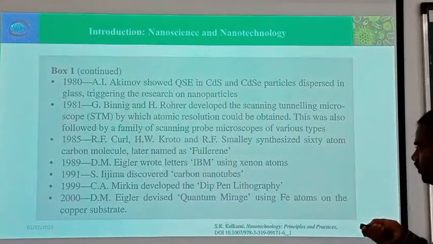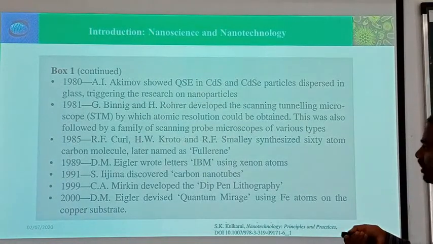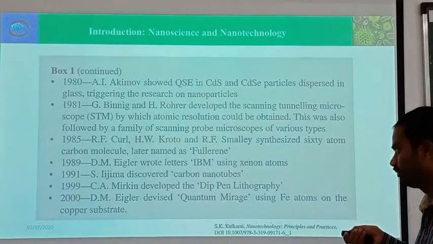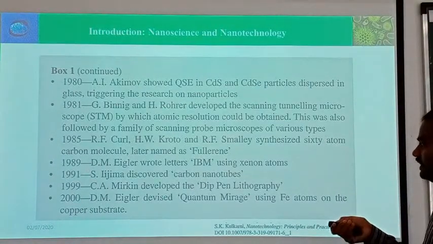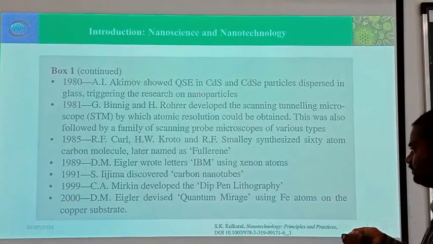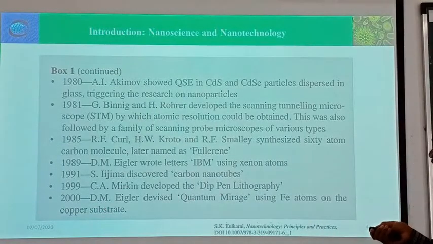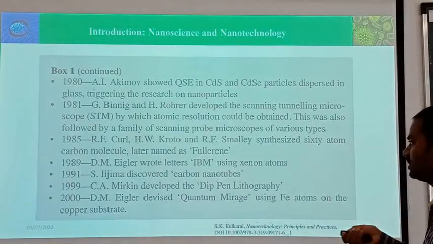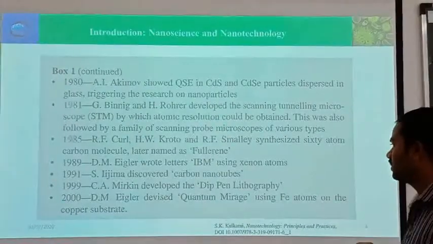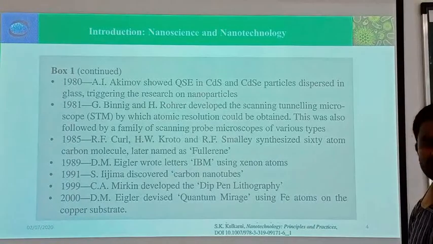From then onwards, much more intentional development of nanomaterials has been going on after the discovery of the carbon nanotube. Also, dip pen lithography was developed as another technique for the synthesis of nano patterning or nanomaterials. In 2000, Eigler again gave the concept of the quantum mirage, using iron atoms on a copper substrate. The quantum mirage is another concept given by Eigler in 2000.